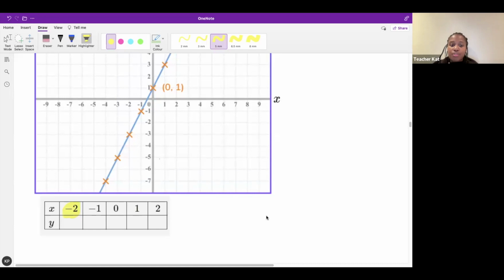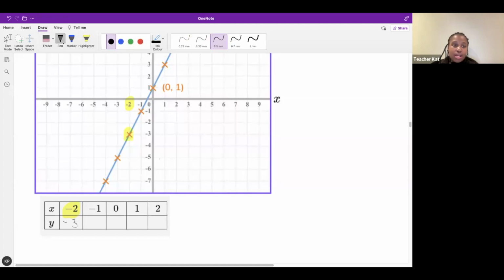So am I going to look for that -2 on my X or my Y axis? I'm going to look for it on my X axis. So here it is over here. So what is the Y coordinate for the input of -2? My Y coordinate will be -3, because it is over here.